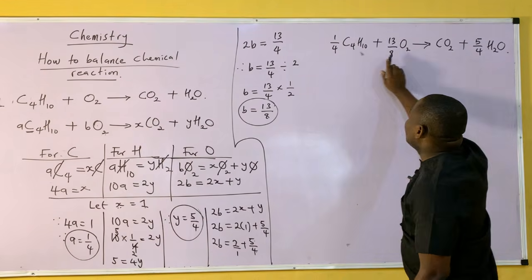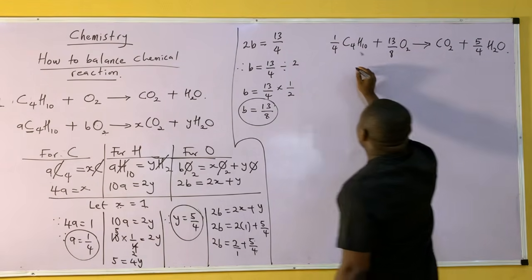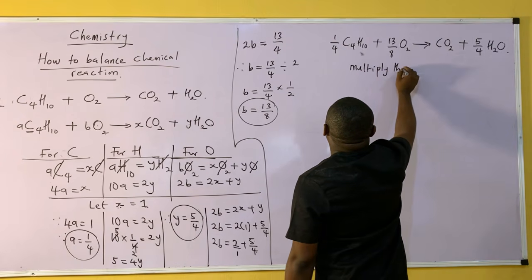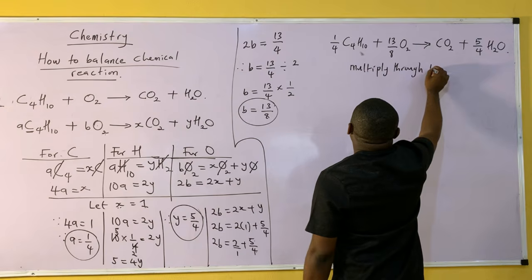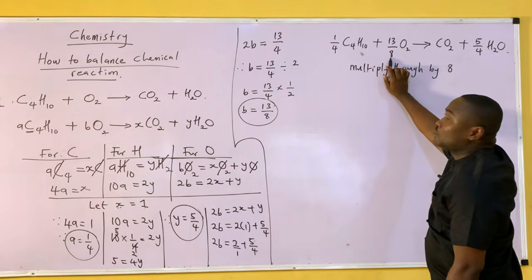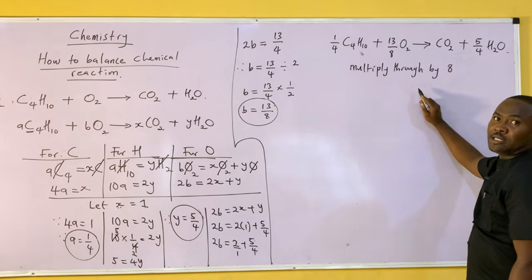So to remove these denominators, I will multiply through by 8. I'm using 8 because 8 is the largest of them, so I can cancel that itself.